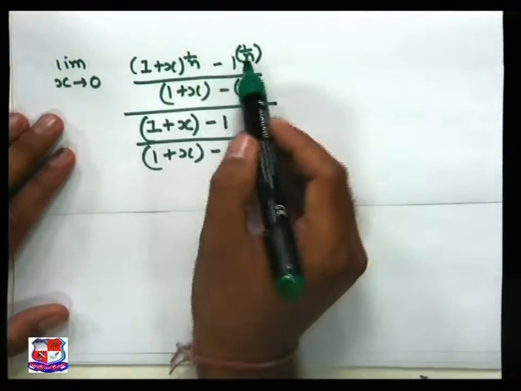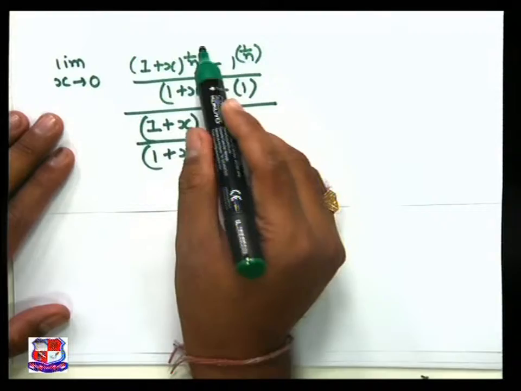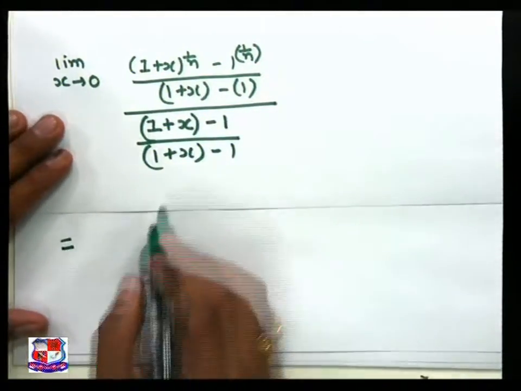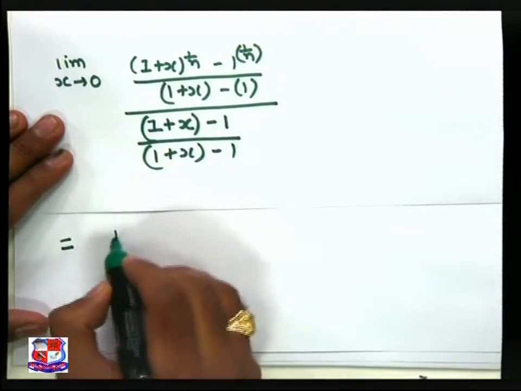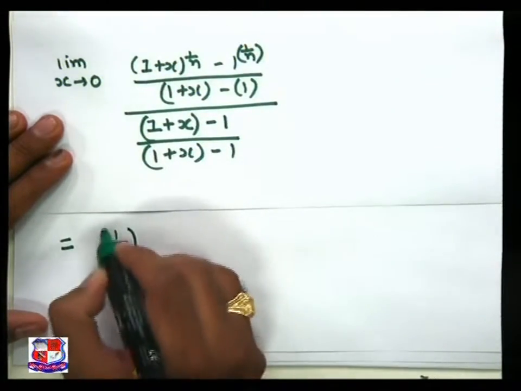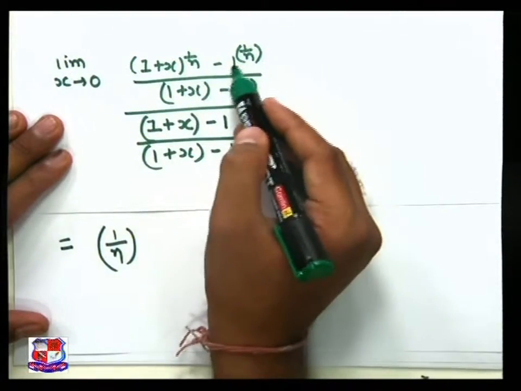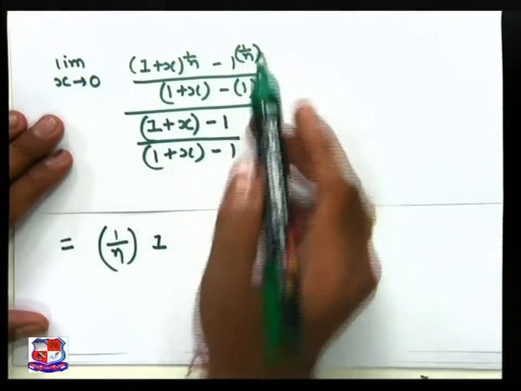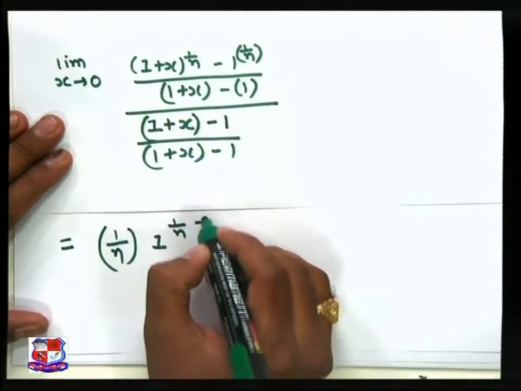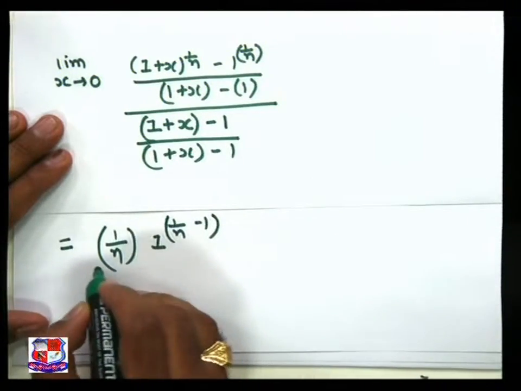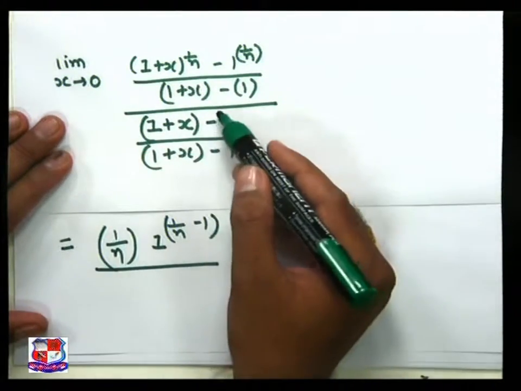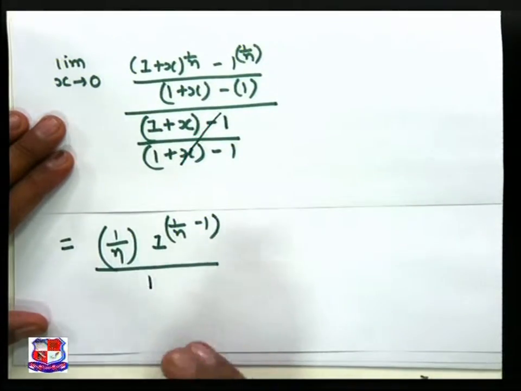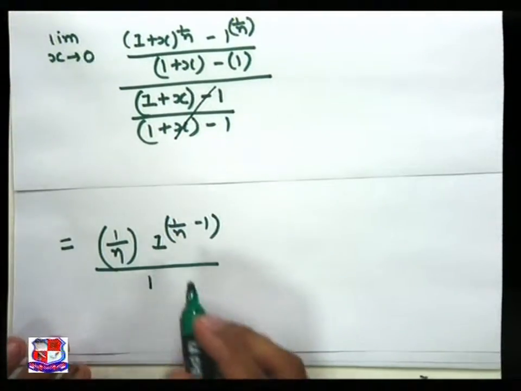So finally here a^n, the power is 1 upon n, put the equal to sign, 1 upon n into a, that is only 1, and n minus 1, that is power minus 1, that is 1 upon n minus 1, divided by, now both the terms cancel out and the remaining term is only 1. Now again we want to simplify.